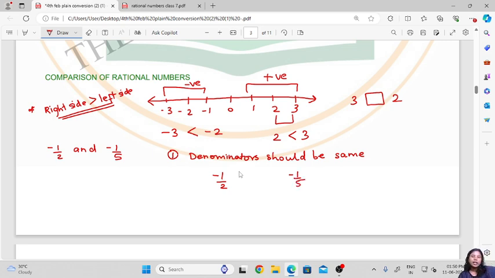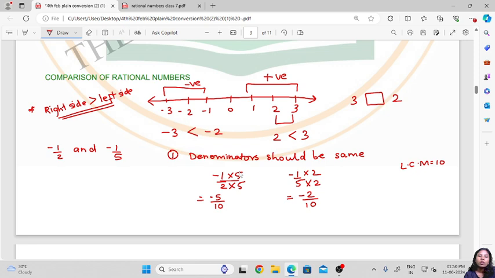So if we take the LCM, we'll get 10. Here we'll multiply by 5, and here also by 5, and this will be multiplied by 2 and by 2. So this will be equal to minus 5 upon 10, since 5 2s are 10, and minus 2 upon 10.